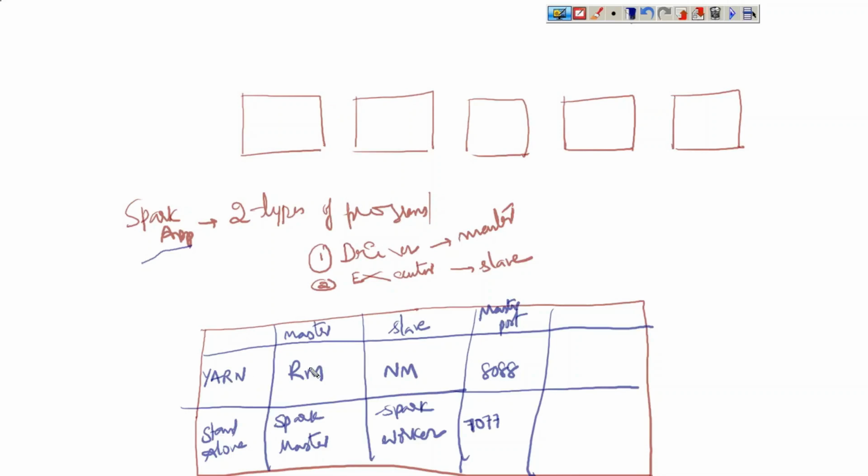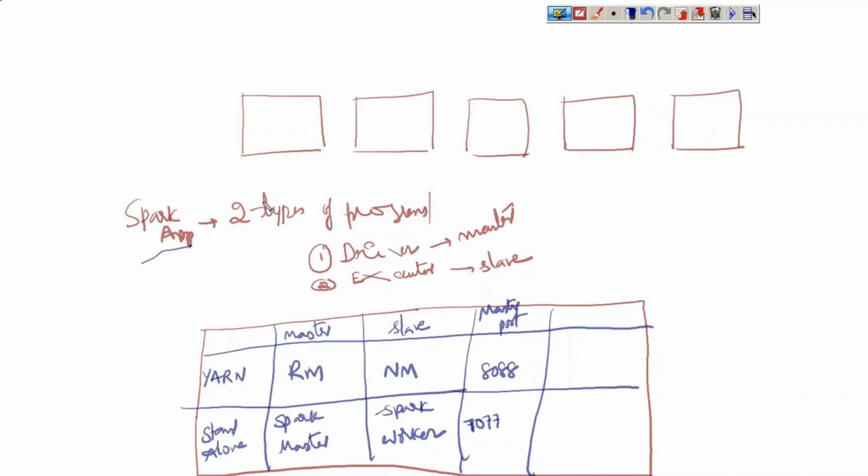Resource manager, node manager, Spark master, and Spark workers are the master and slave processes of the processing clusters, but driver and executor are the processes of the Spark application. Remember that they belong to the Spark application. Got it? This is very, very important.